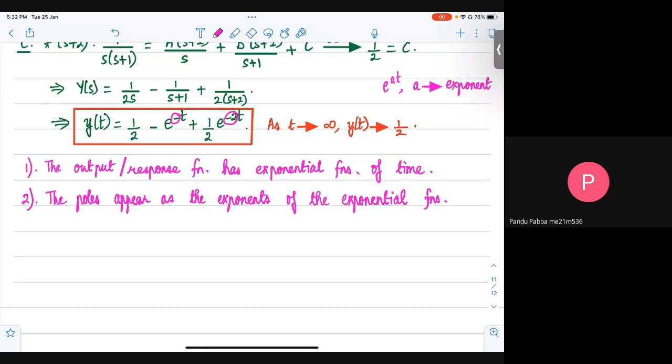Yes. You can see that in y of t we have the exponential functions, e power minus t, e power minus 2t, and so on. A function of the form e power at is an exponential function. I just told a general mathematical result as an aside.